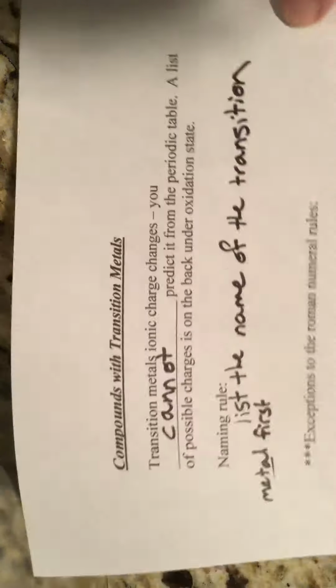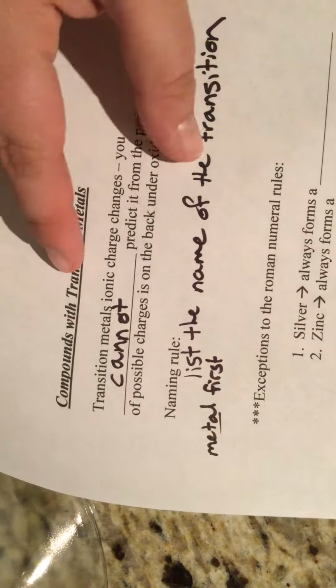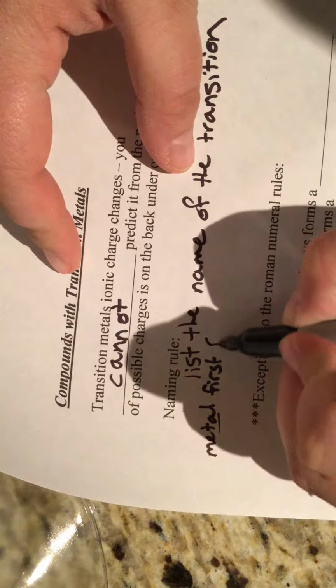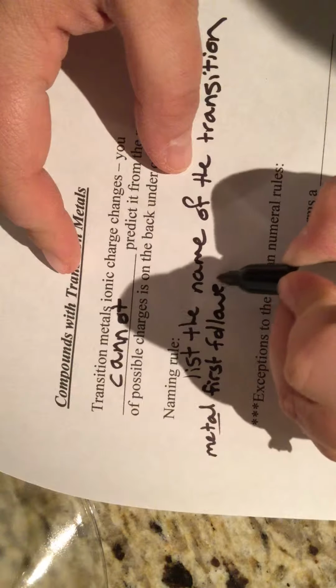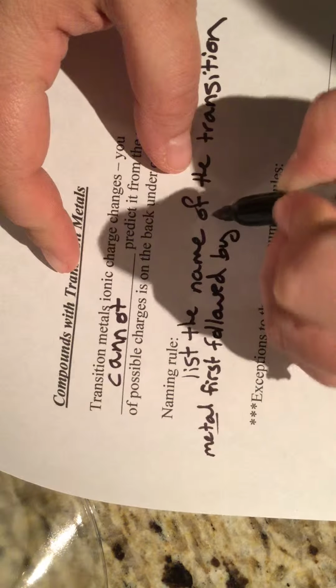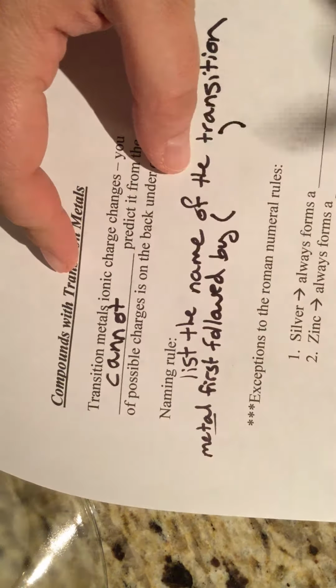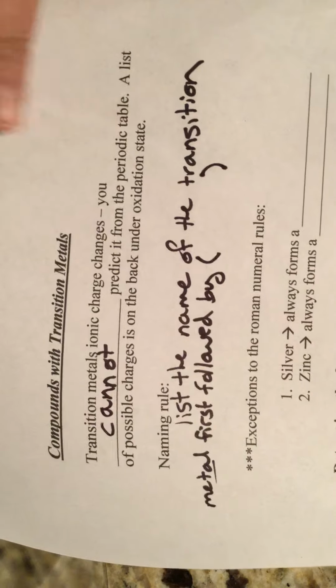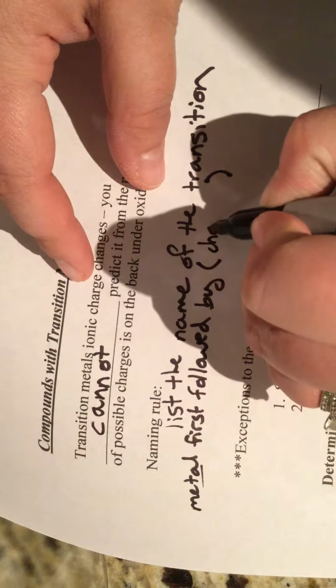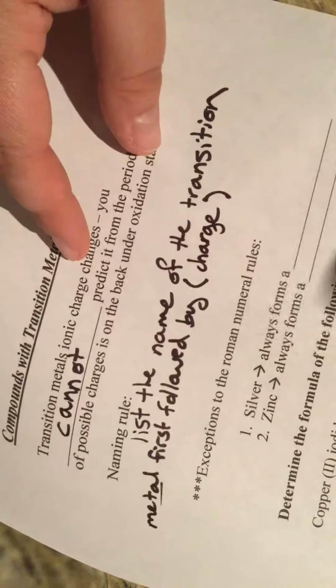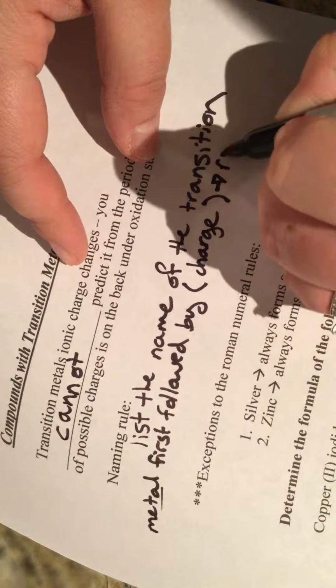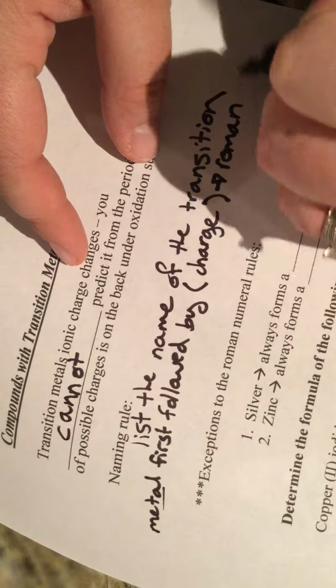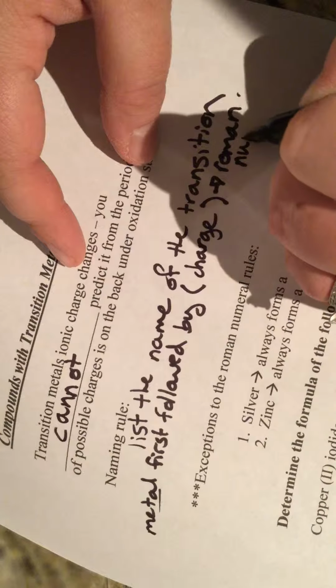Again, metal goes first. Followed by parentheses with the charge, and that needs to be in Roman numerals.